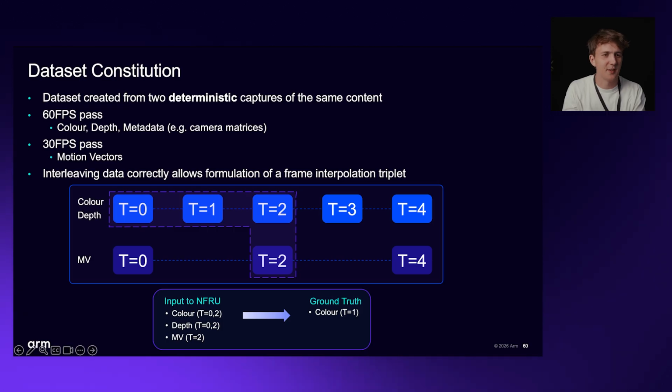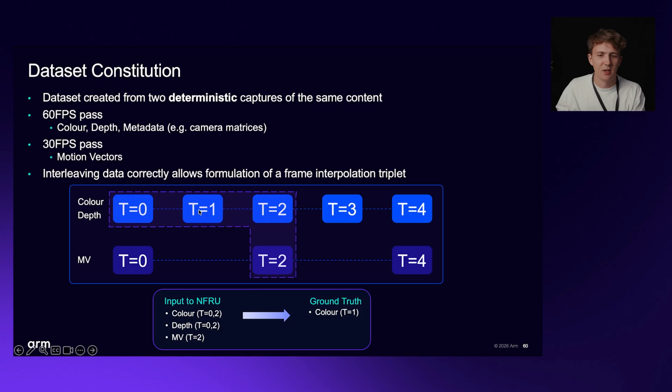The reason for doing this is so that we can interleave the data correctly to form a frame interpolation triplet. We use the color and depth at t equals 0 and t equals 2 as the neighboring inputs, and then we use the 60 FPS color at t equals 1 as the ground truth.